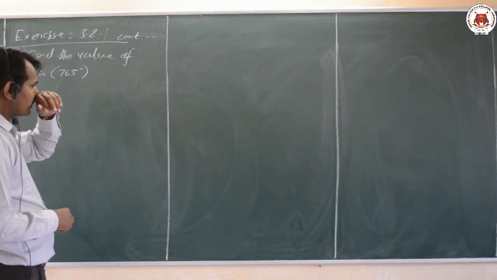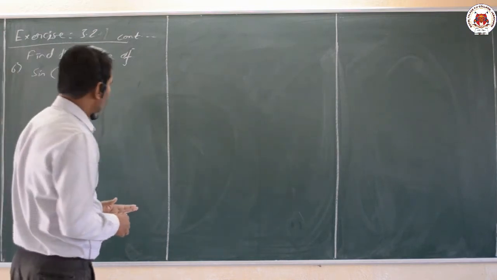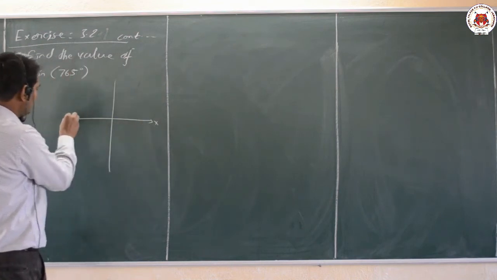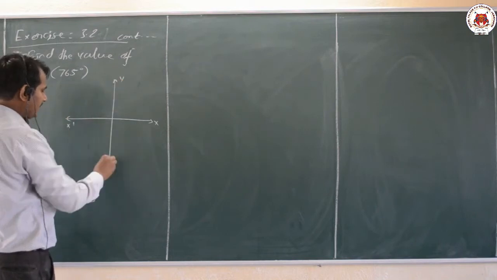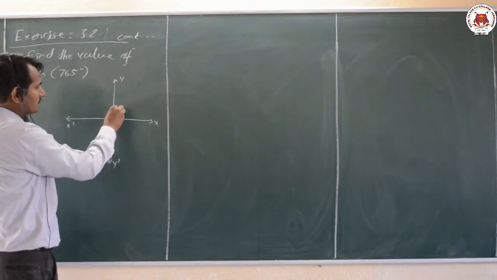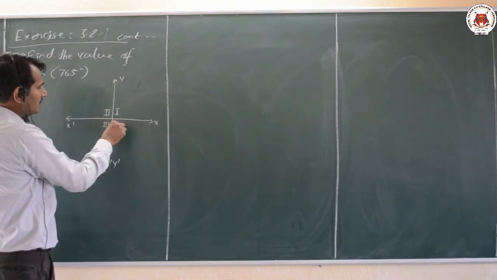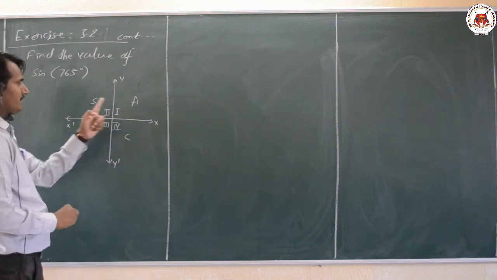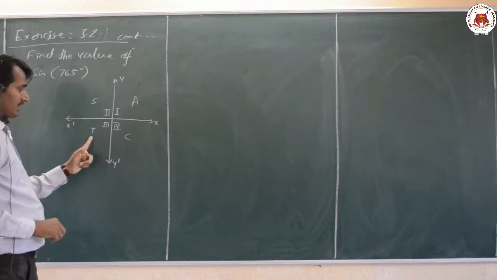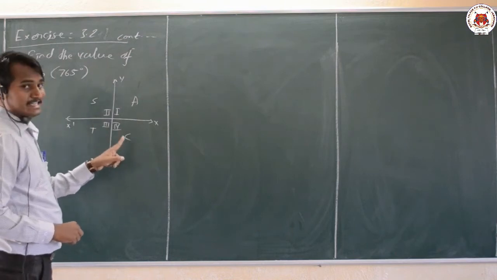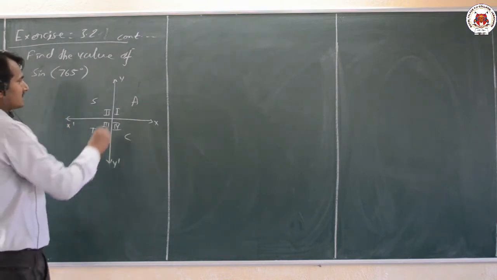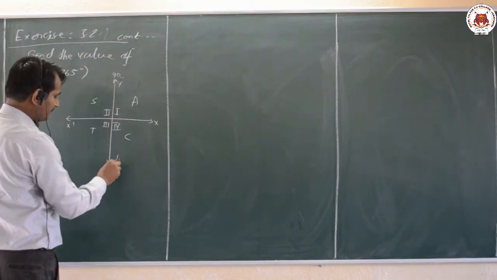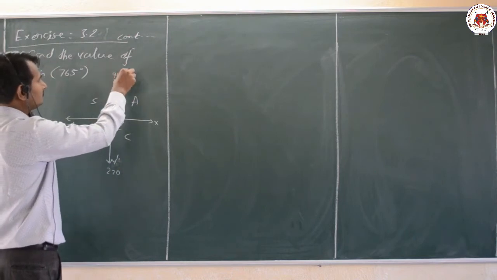In the previous class we had already looked at trigonometric functions of allied angles, that is, x, x dash, y and y dash. These are the first quadrant, second quadrant, third quadrant and fourth quadrant. The sign depends on the ASTC rule: all are positive, sine and cosecant are positive, tan and cot are positive, cos and secant are positive. Next, along north and south, that is 90 and 270, the value changes.